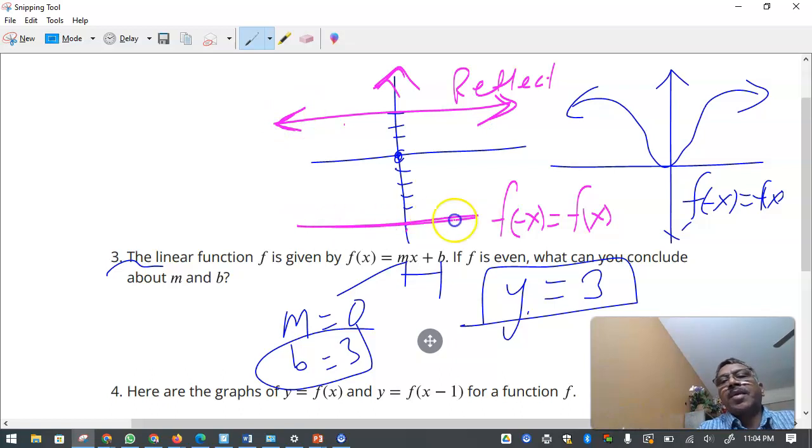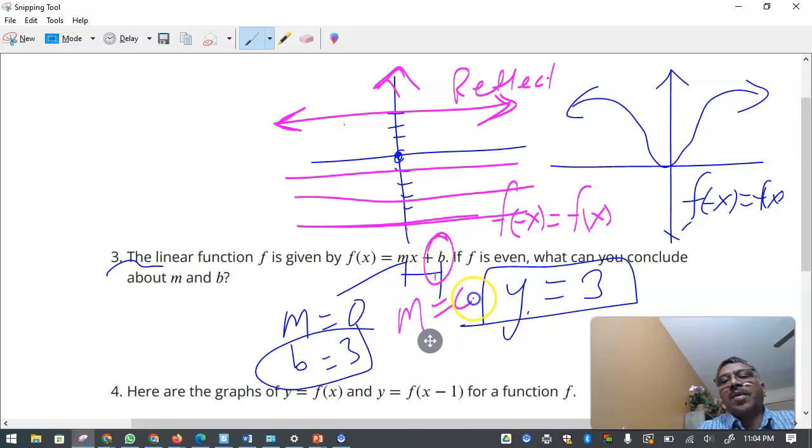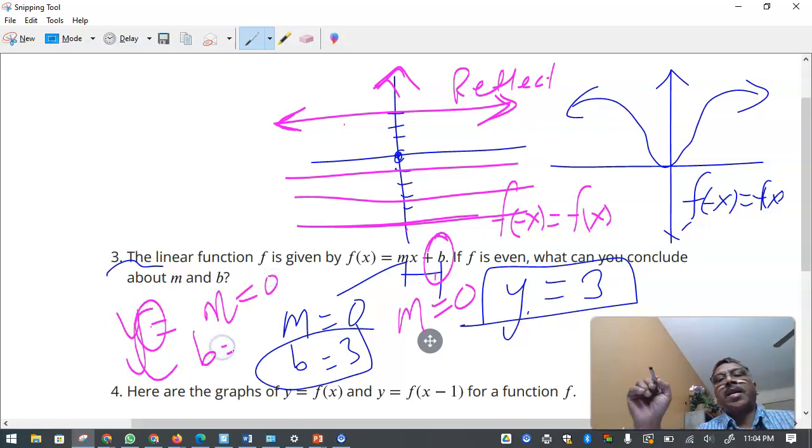It could be this line, it could be this line, it could be any line y equals b. So b could be anything, m should be 0. So the answer is m has to be 0, and b could take any value.